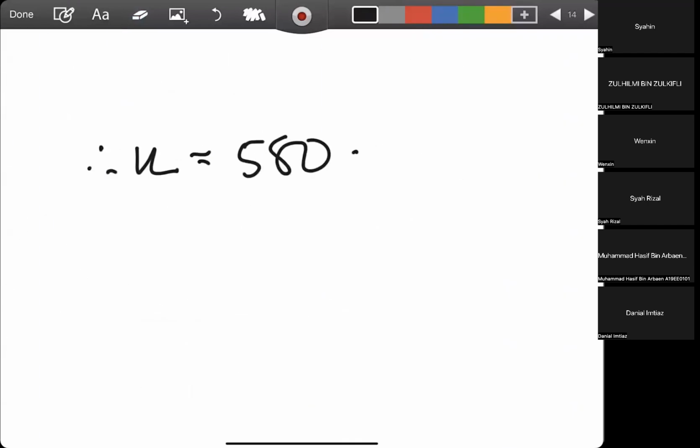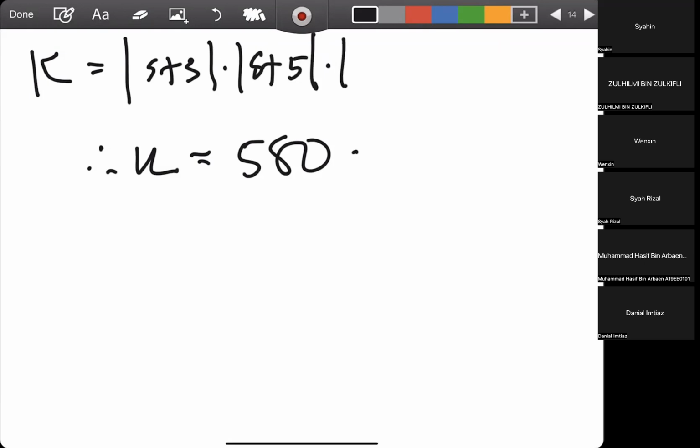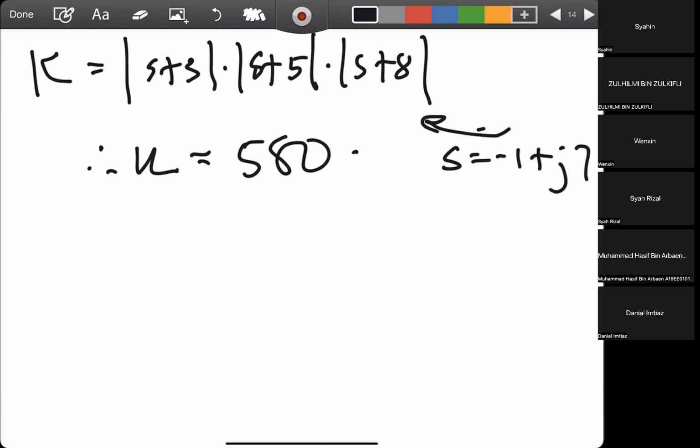Yes, Doctor. How did I get K 580? Magnitude criteria, like this. Replace s with minus 1 plus j7, so inside, K is 580.